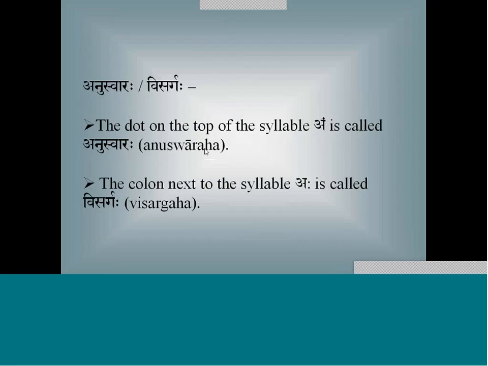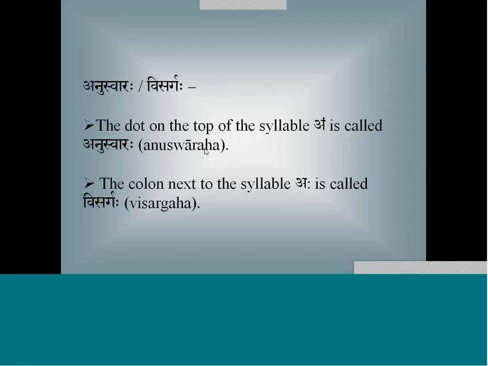Here the dot is there, and what is the vowel? Suppose if you replace a by e, it becomes im. That anuswara takes the sound of the vowel itself. It doesn't have a separate sound.